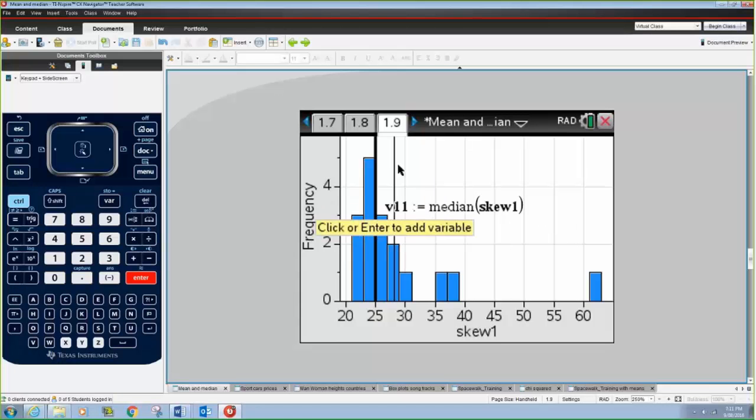That will now clearly show that the mean is pulled towards the tail, towards the skewness of the graph.